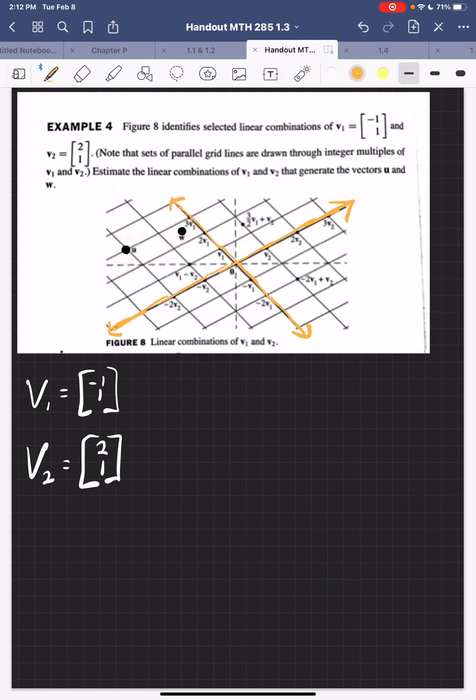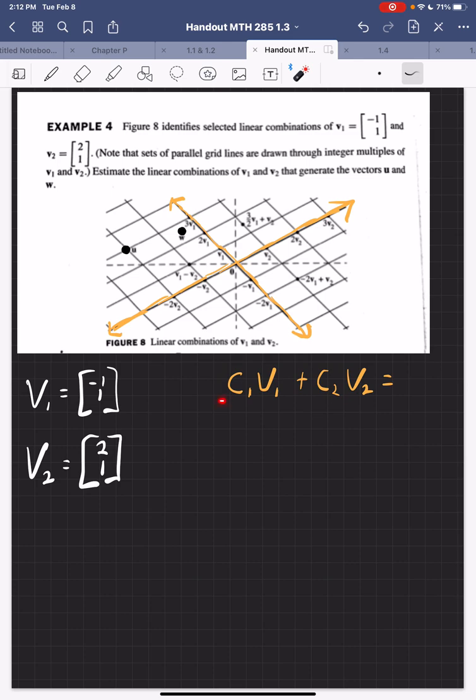So let me make sure you understand. There's some c sub 1, v sub 1, plus c sub 2, v sub 2, right? Notice the scalar c sub 1, the scalar c sub 2. I'm going to begin to give them another name. I'm going to call them weights in a little bit.